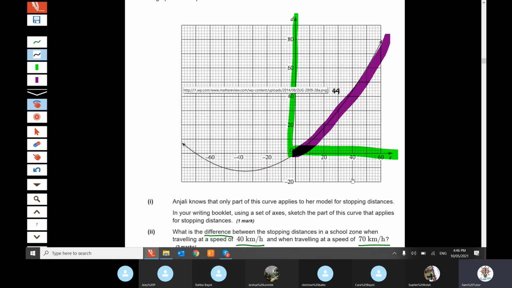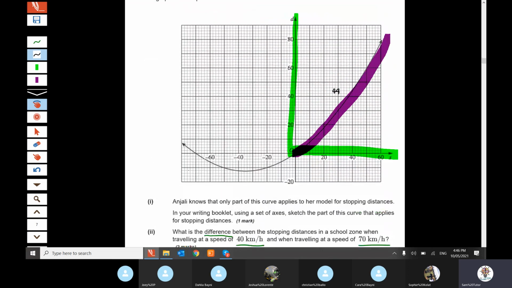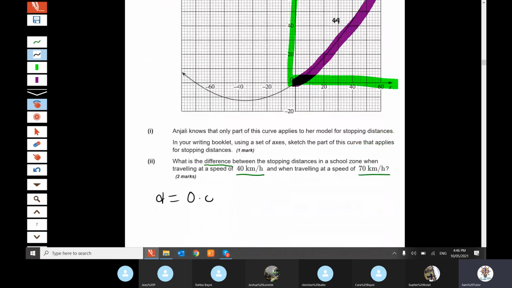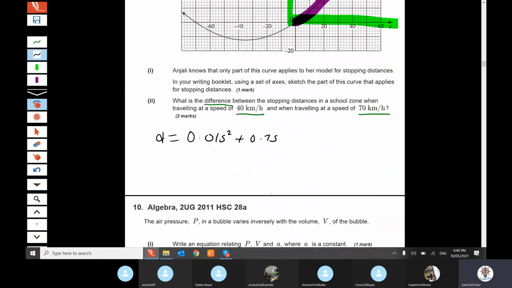And then at 70 k's an hour, oh, well, that's when you can't use the graph and you have to use the equation. D equals, what do we have? 0.01 s squared plus 0.7 s. Okay, here we go.